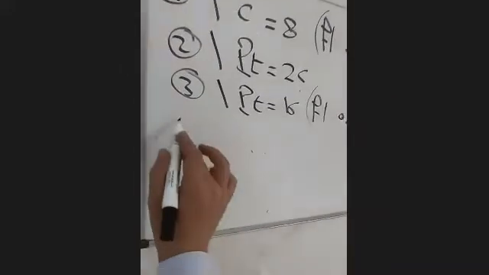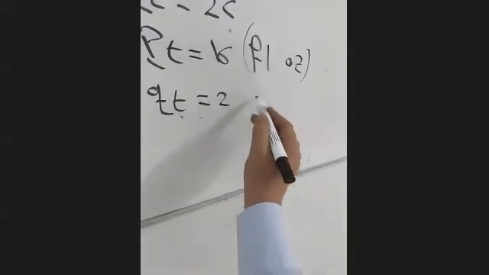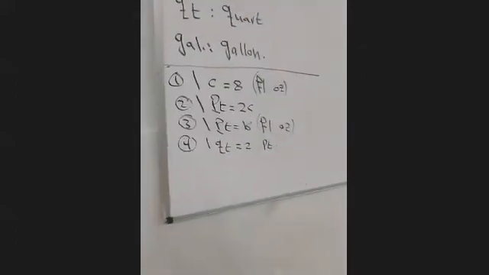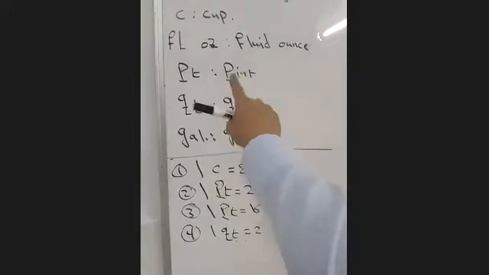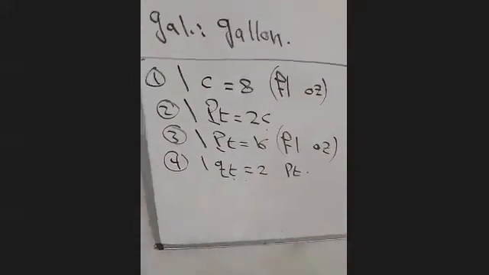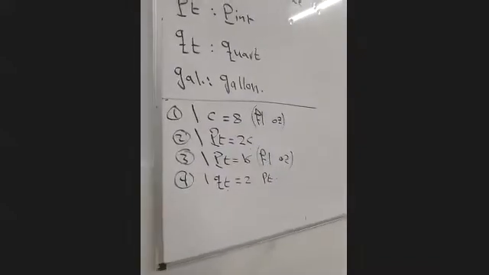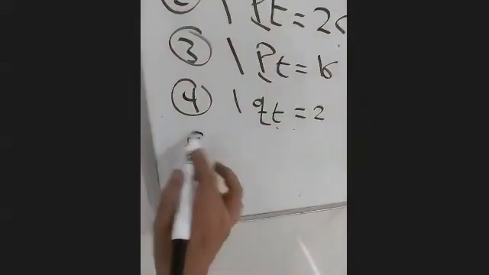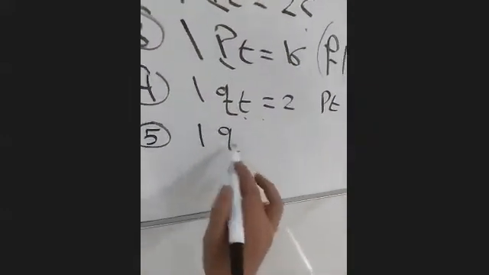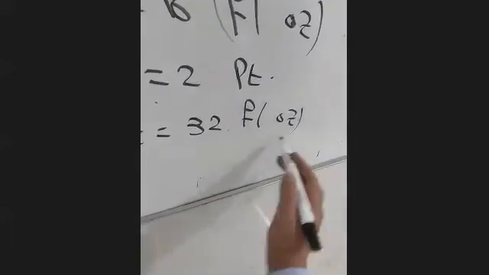Then we have 1 quart equals 2 pints. Number 4. QT means quart, PT means pint. Don't forget that. 1 quart equals 2 pints or 32 fluid ounces. This is number 5. I'll make it alone: 1 quart equals 32 fluid ounces.